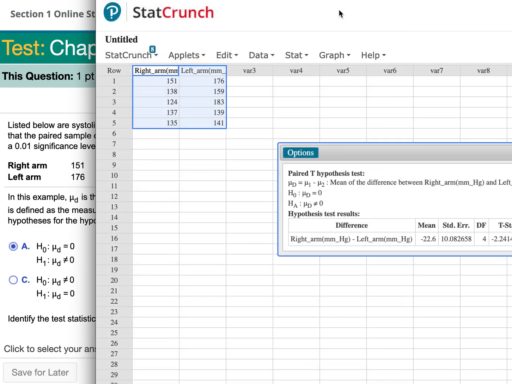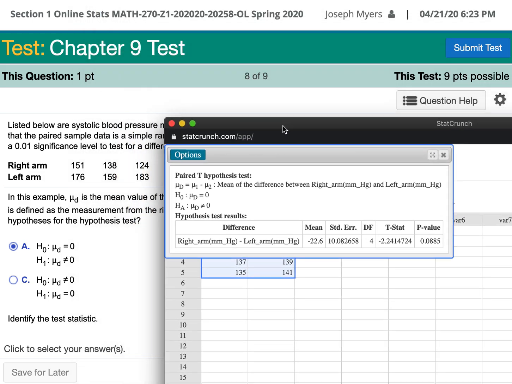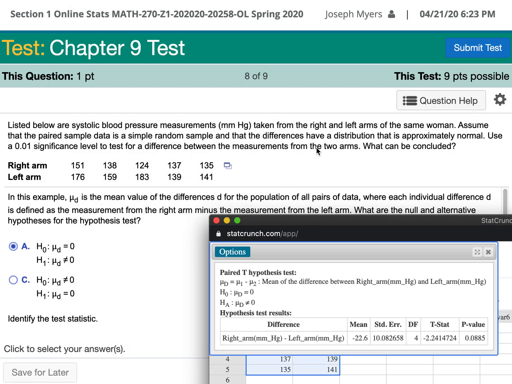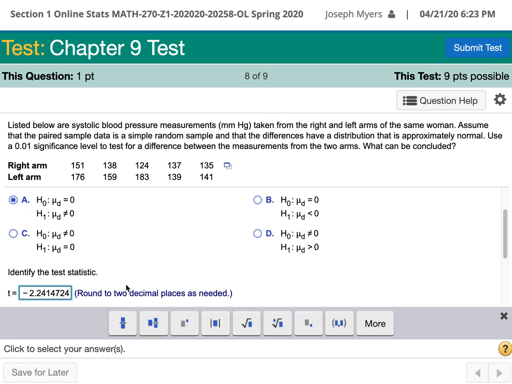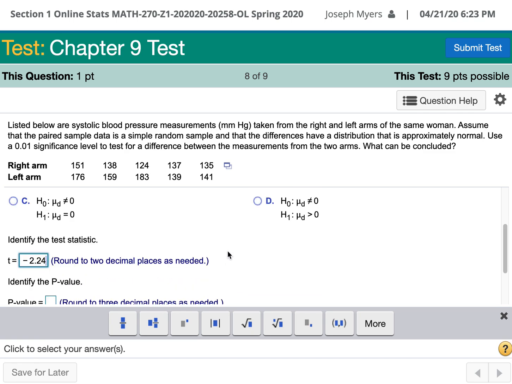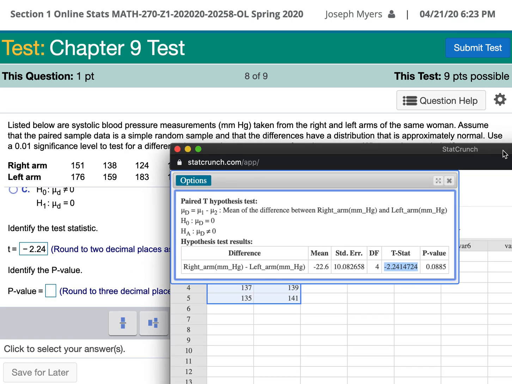And compute. So the test statistic is this number right here, -2.24. And the p-value is that number right there.